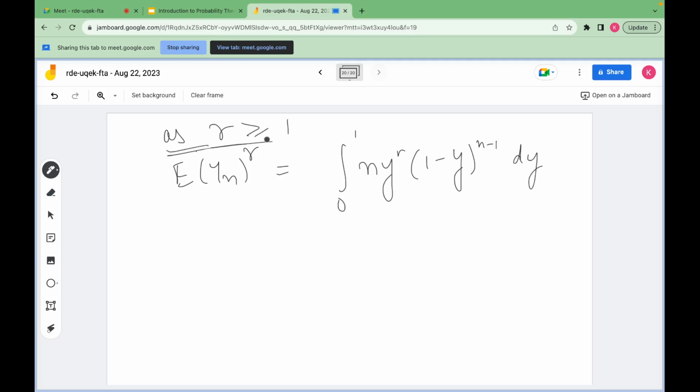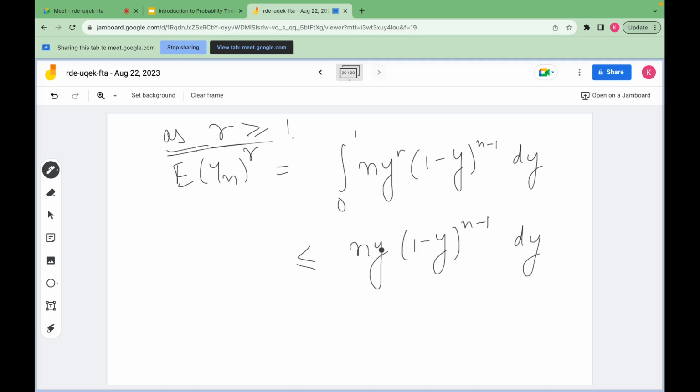As r is greater than or equal to 1, this will be less than or equal to the integral of n y (1 minus y)^(n minus 1) dy, because y is between 0 and 1.